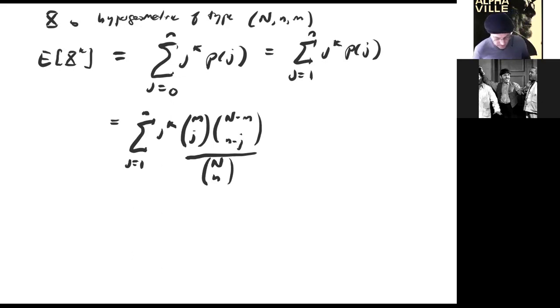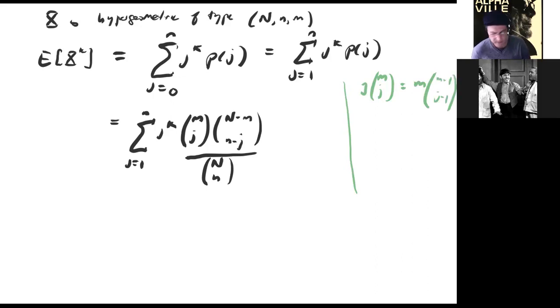And now I'm going to have to make use of identities I've used before, which I'm going to put on the side here. I'm going to use the fact that j times m choose j is equal to m times m minus 1 choose j minus 1.